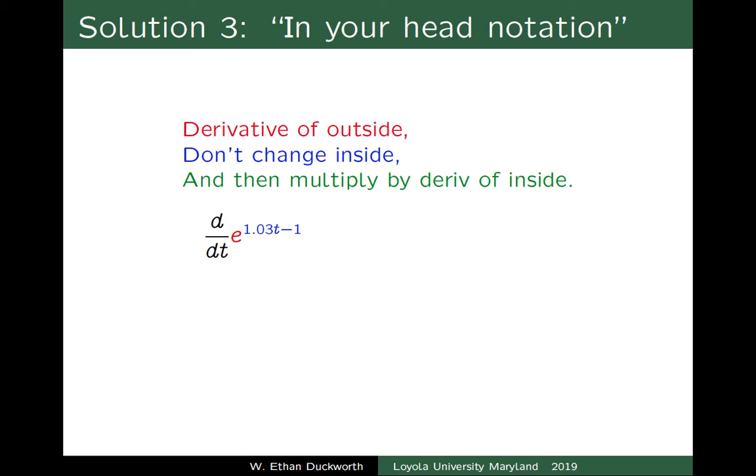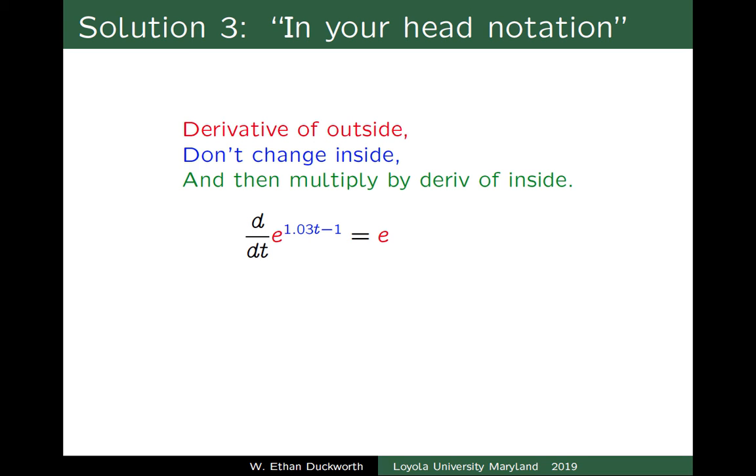To be a little more careful, it's e together with the fact that it has something up on top of it. But the e part, maybe you'd say the e on the bottom, is the outside. So what do we do when we take the derivative of e? We don't do anything. So it still should just be e. Of course, I'm not done, but I'm just saying that part doesn't change.